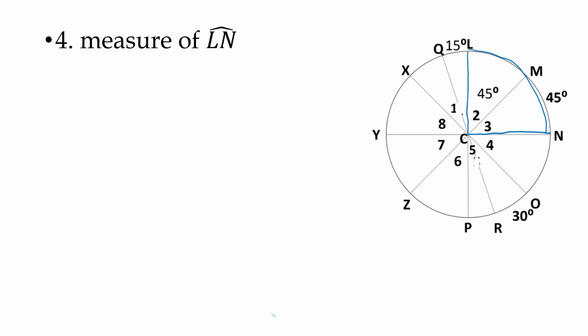Then, as we all know, angle LCN will form 90 degrees, right? Given in the picture, the given figure, it will form 90 degrees. So therefore, since angle LCN is a central angle, that is also the value of the intercepted arc, which is measure arc LN. So therefore, measure arc LN is 90 degrees. Okay, so there you have it.